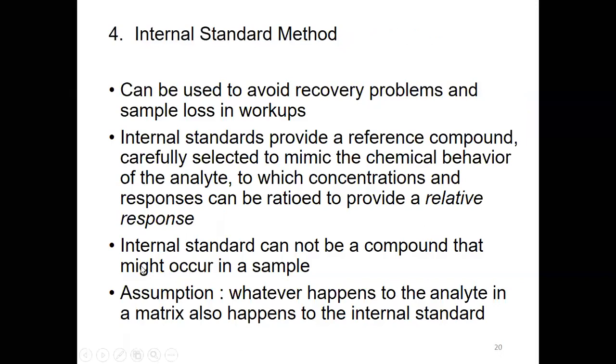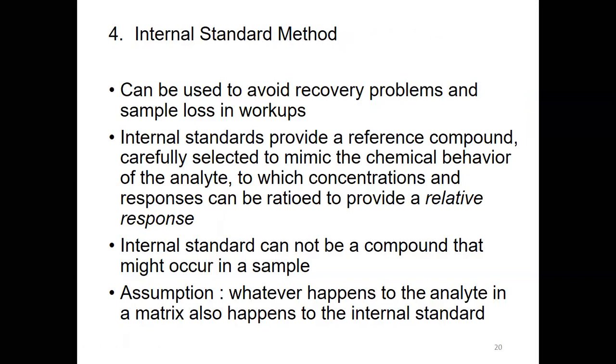And third point, internal standard cannot be a compound that might occur in a sample. So internal standard cannot be a compound which is present in the sample. What happens if internal standard is present in the sample?